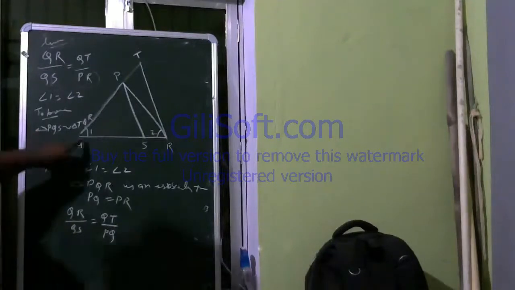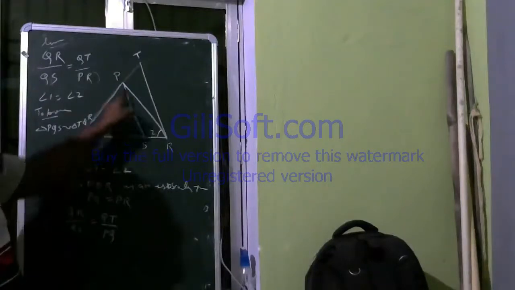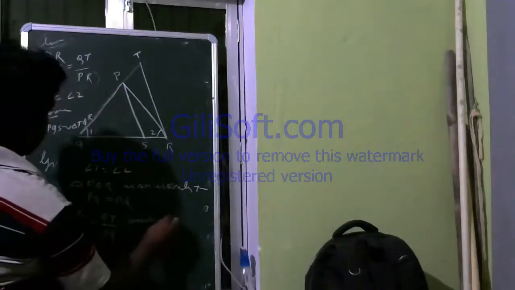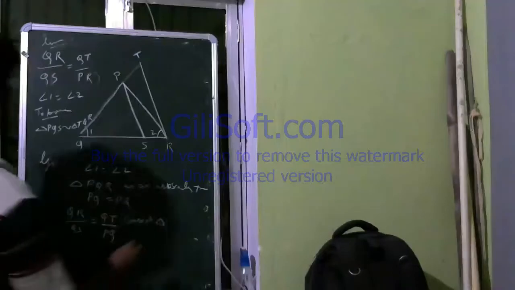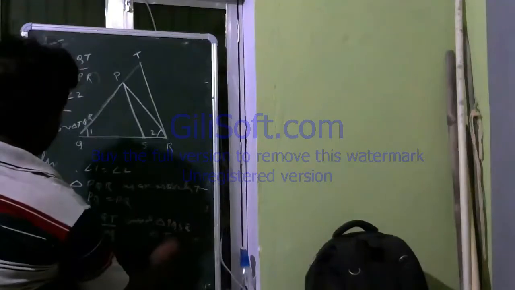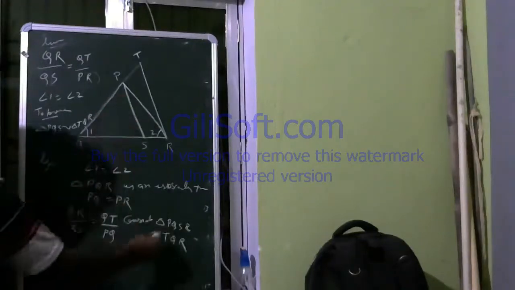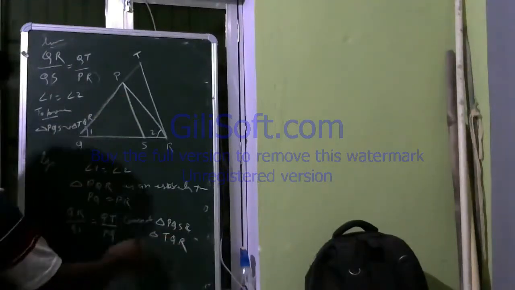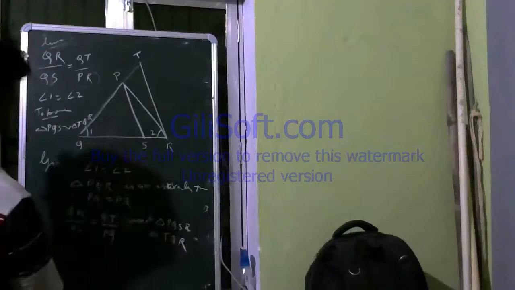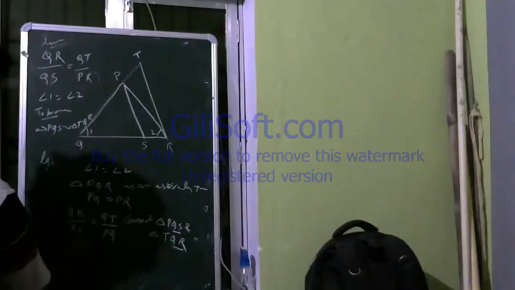Now look again: QR by QS, QT by QP. Now if we consider triangle PQS and triangle TQR, we can see here QR by QS, corresponding parts in the same ratio.